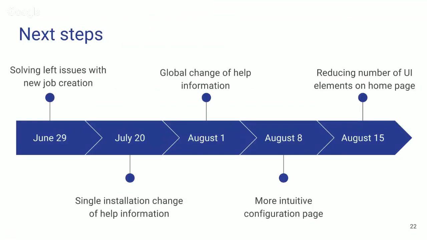On the next steps, first of all, I would like to solve the current issues, then move towards the middle three, which are for the configuration page, and the final one is to work with the home page.